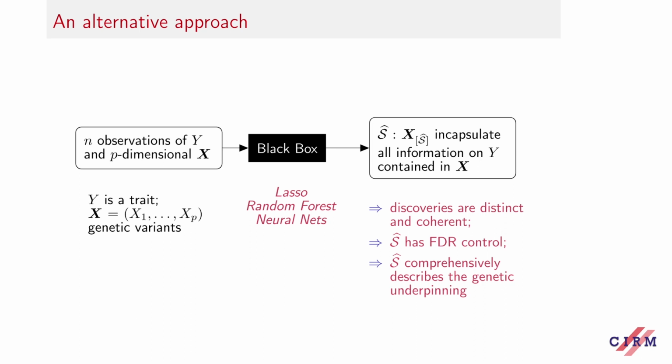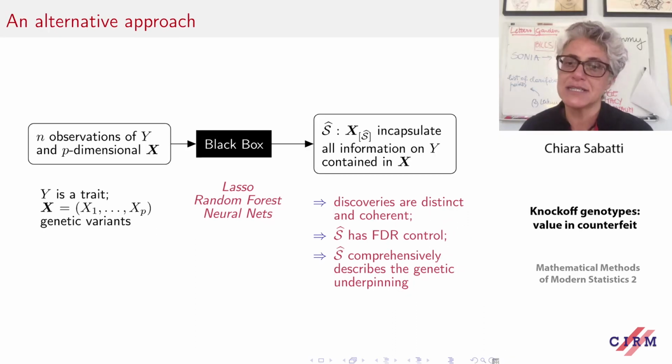And we can really go wild with what type of approach we use to identify association. And that's why I called it black box rather than statistics, to identify the fact that we really have access to a lot of different algorithms that we don't necessarily have to understand very well. For example, we could use a lasso, we could use random forest, we could use a neural net.